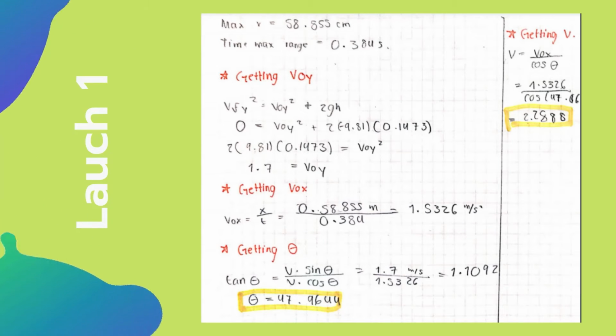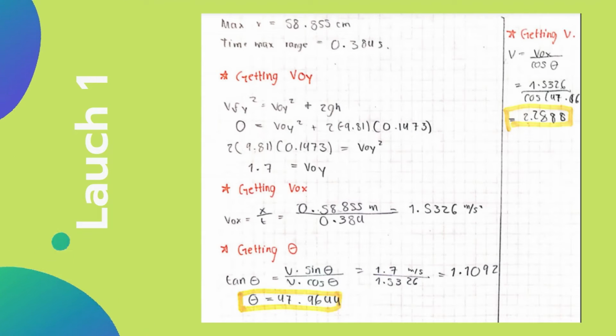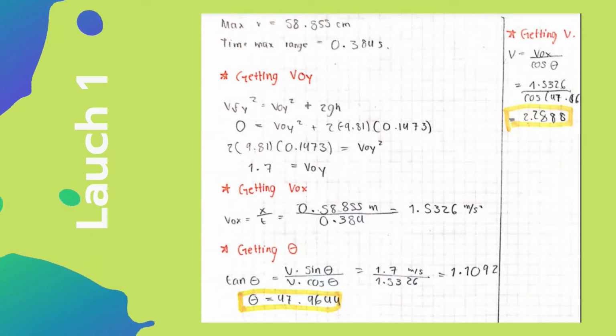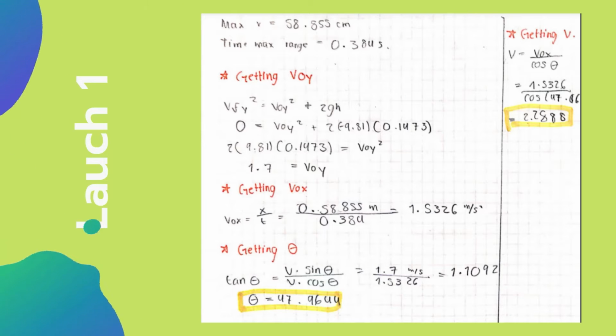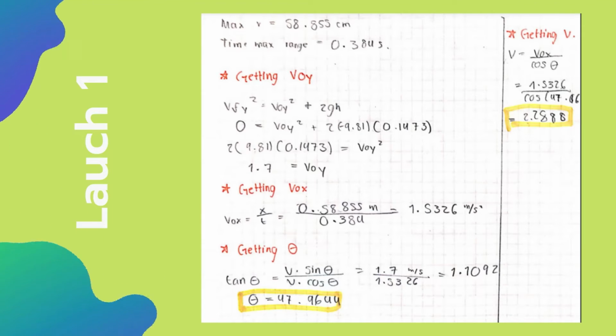my initial velocity. The second thing that I did was to get the initial velocity, but now on the x component. For this, it is really simple because we only have to divide the range by the time. And the last thing was to get the angle, and for this I used a trigonometric function, tangent.